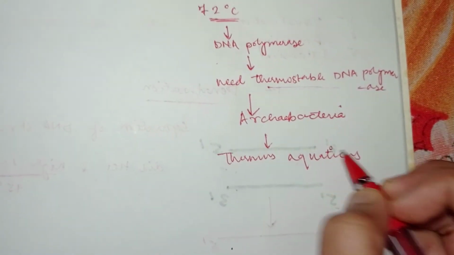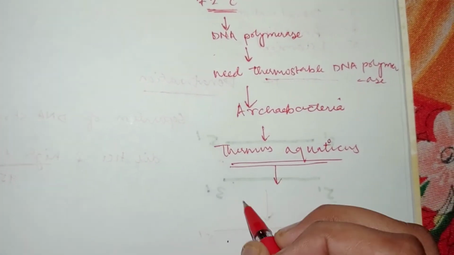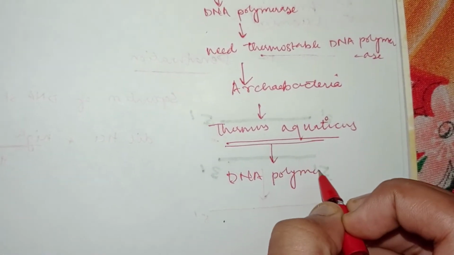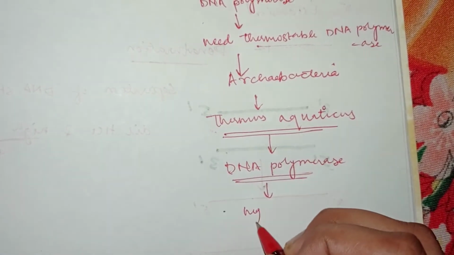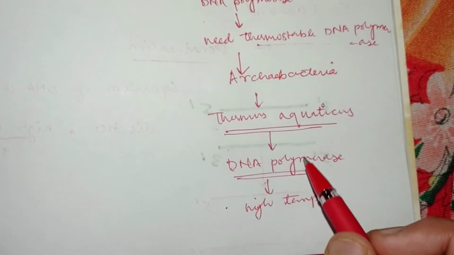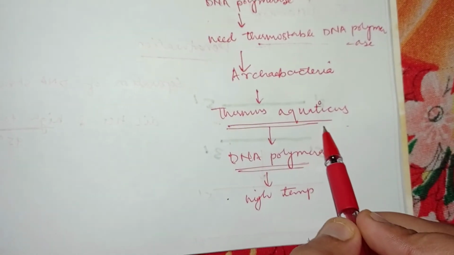This is found in water. So from the Thermus aquaticus, we remove the DNA polymerase enzyme, which works at high temperature, because this Thermus aquaticus bacteria survives at a high temperature.